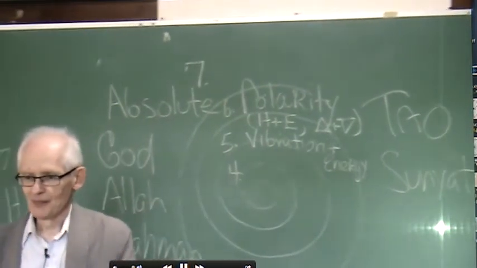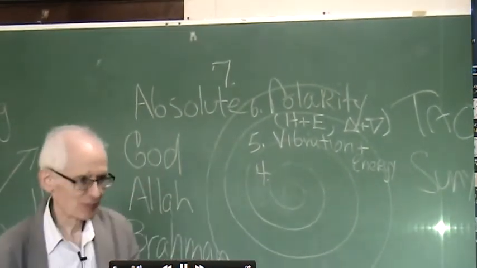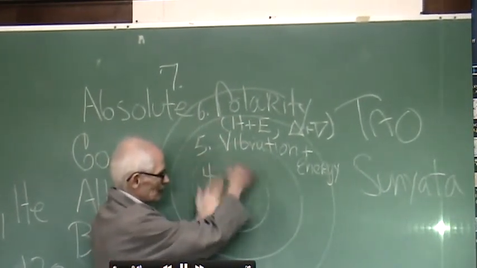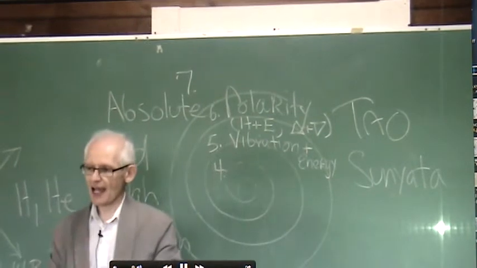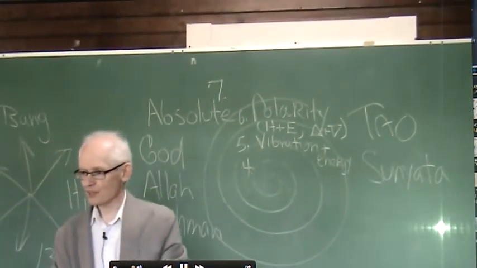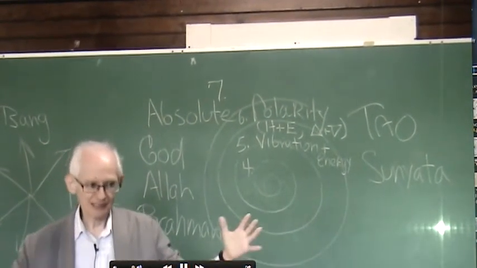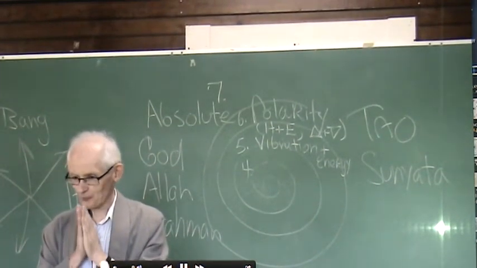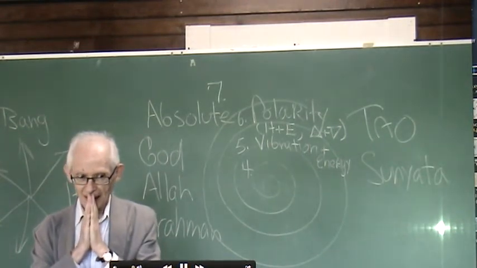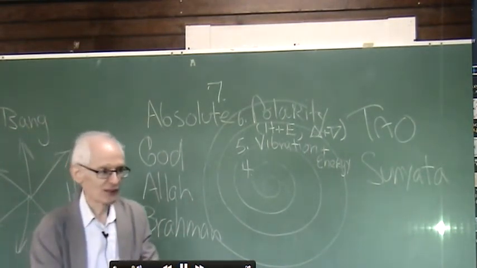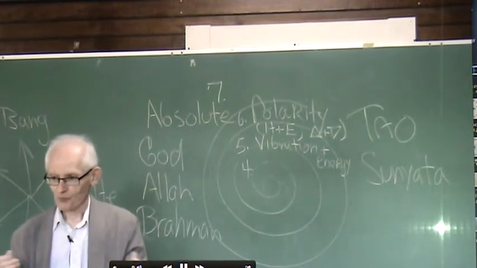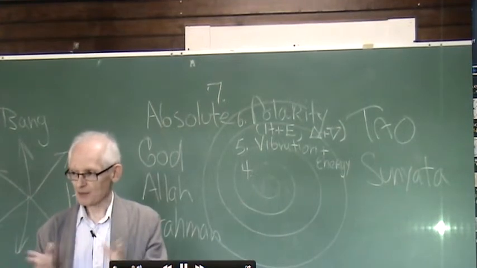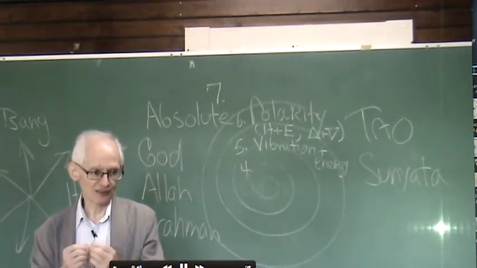Now, as this universal spiral of motion continues to contract, that energy and vibration, as it condenses, becomes what? The first stage of matter is what we call atoms and then pre-atomic particles.